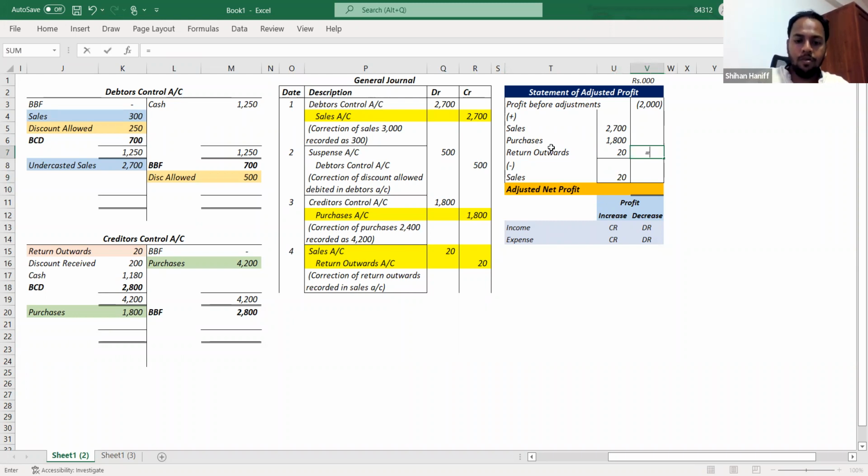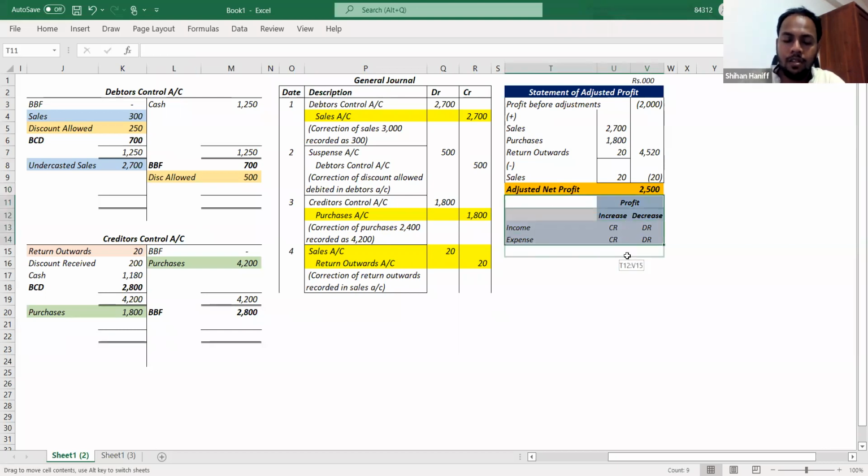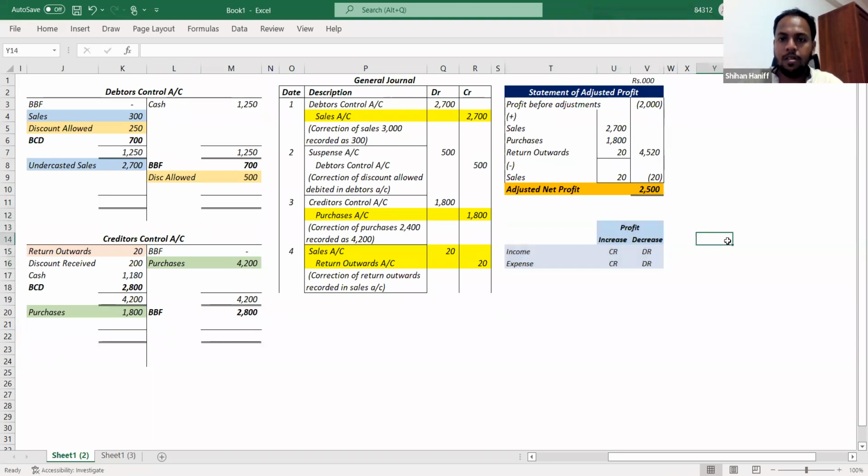Now we can get the adjusted profit. $2,000.